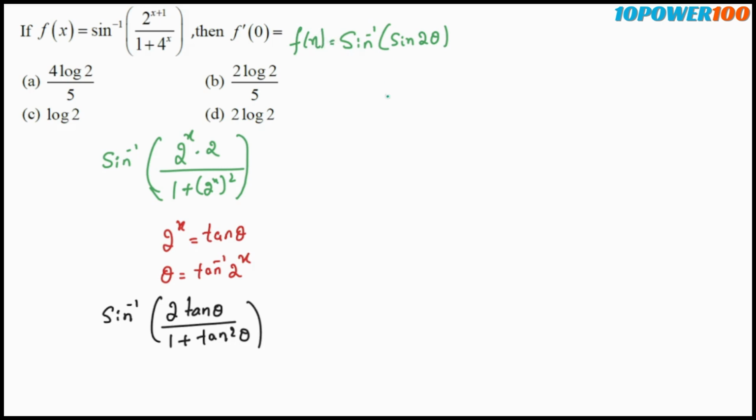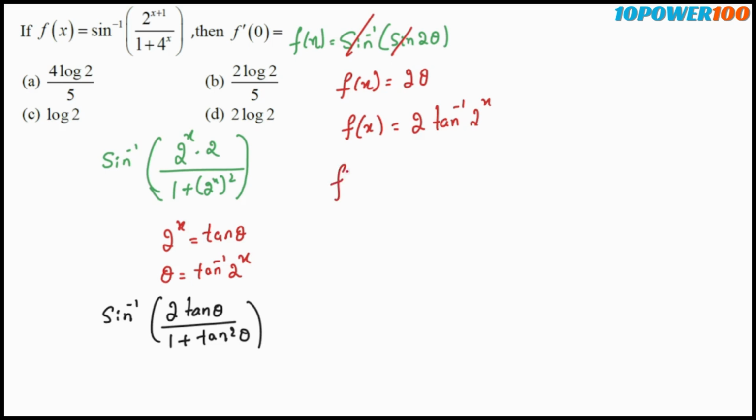f of x is equal to, so now if I cancel sine inverse and sine, we end up getting 2 theta. So f of x is equal to 2 theta. Already we have written the theta value, that theta is tan inverse of 2 power x. I'll write this, f of x is equal to 2 tan inverse 2 power x.